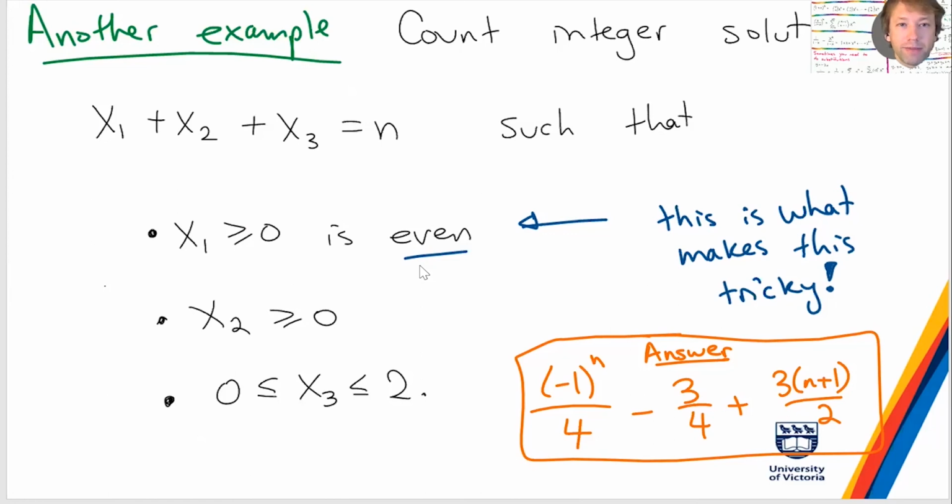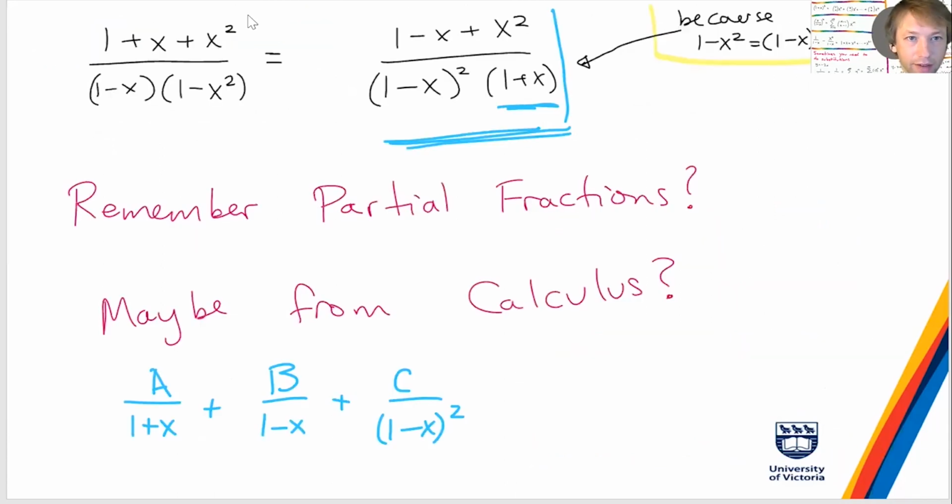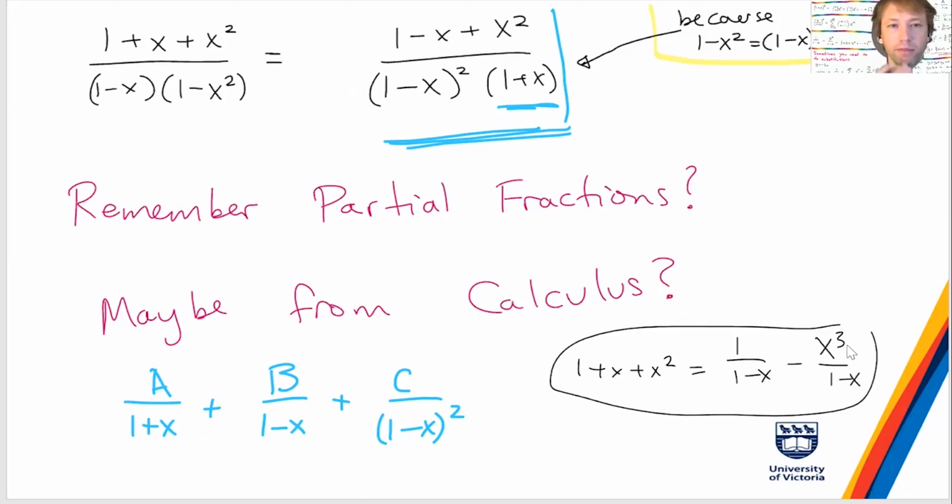Are there any questions about this example? What would have happened if we had written 1 plus x squared as 1 over 1 minus x cubed over 1 minus x, right? We didn't do that, but it wouldn't have been wrong to do that.